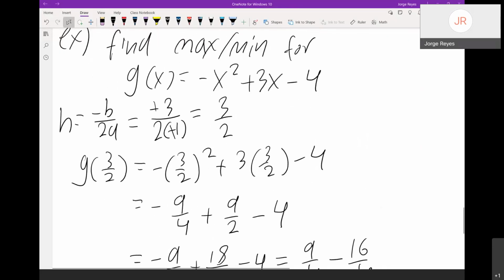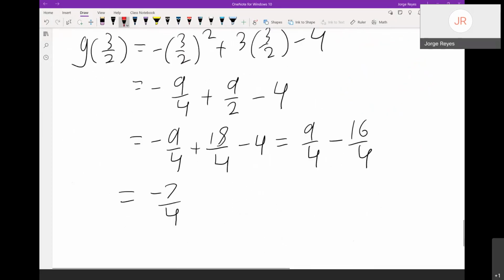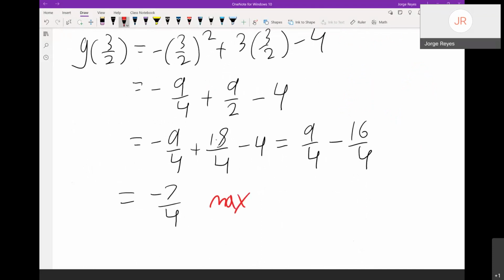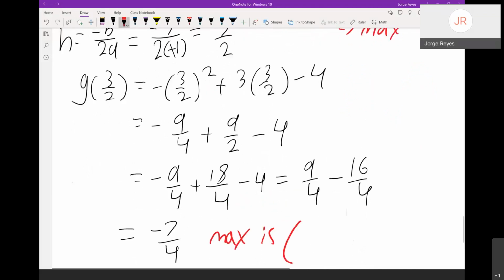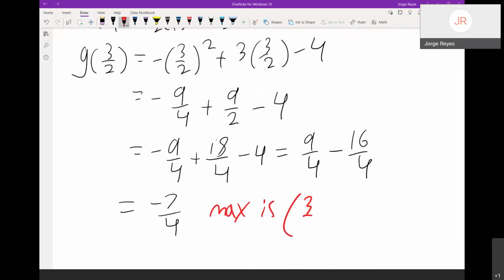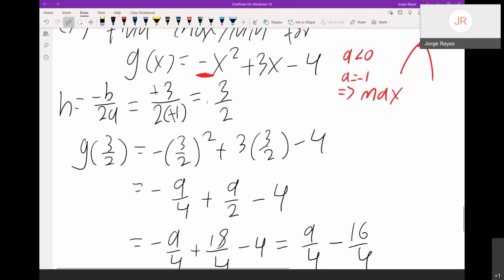First of all, a is negative because it's negative 1, so that means we do have a max because the parabola is upside down. So the max is 3/2, comma, negative 7/4. A little messy, but you guys can do it.